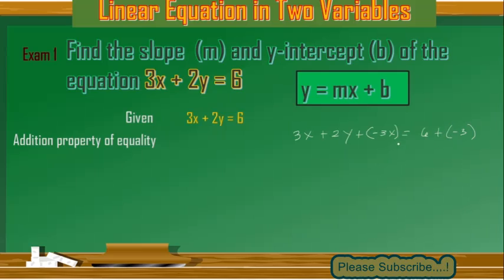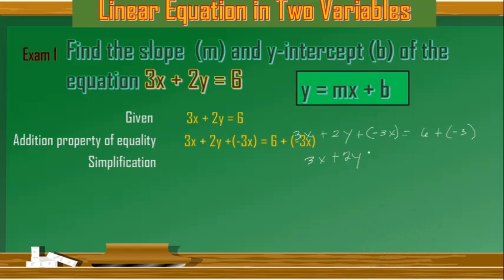Remember, what you add here will also be added on the other side. After that, you simplify. How to simplify? You copy this, 3x plus 2y, then this one, positive times negative 3x, the answer is negative 3x.